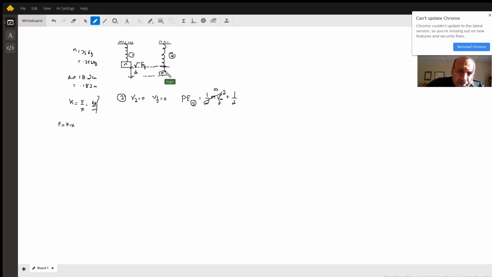Plus whatever the spring wants to pull back to here, the spring wants to pull back an energy of 1/2 times k, the spring constant, times d, the distance squared.